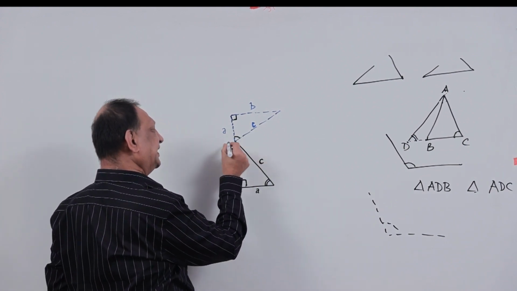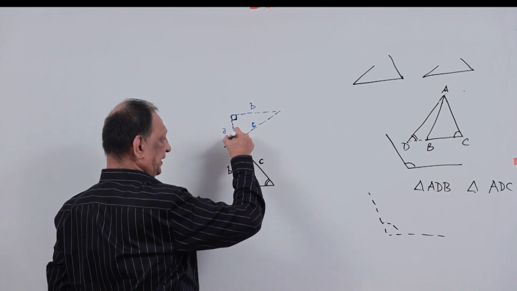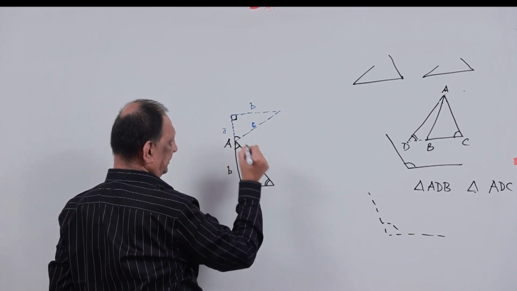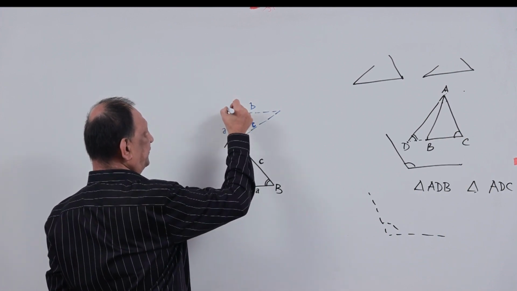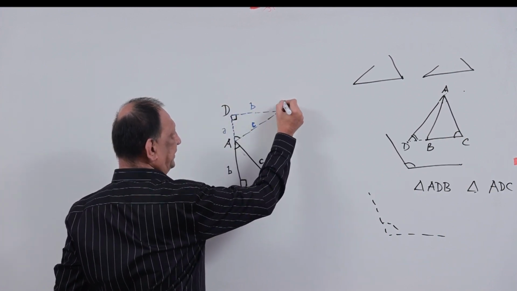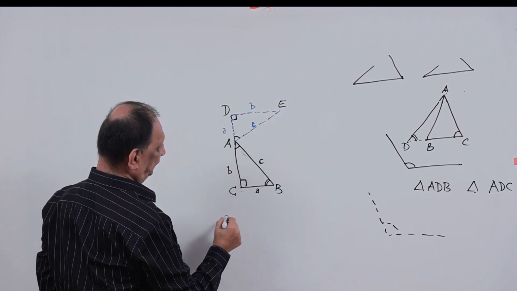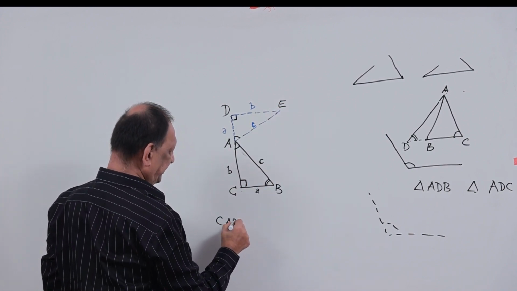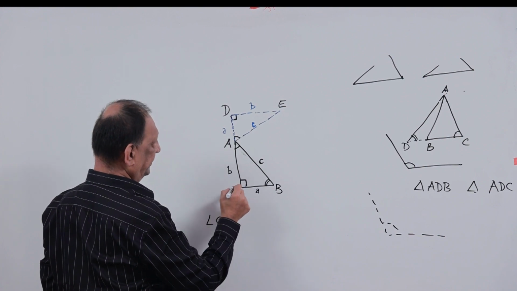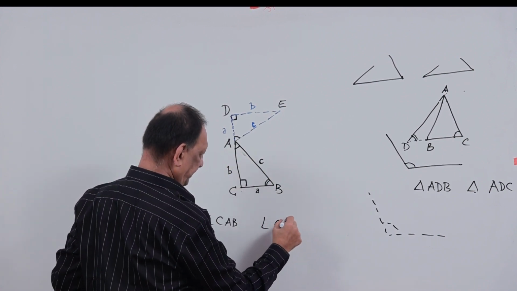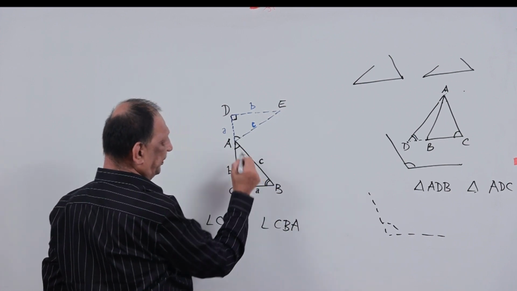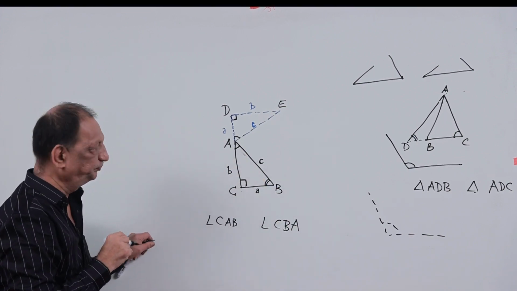If you want, I'll write the names of vertices. I got A, B, C. A is stretched to D and E, right. So if you look at angle CAB and CBA, they are complementary because of the 90 degrees, correct?